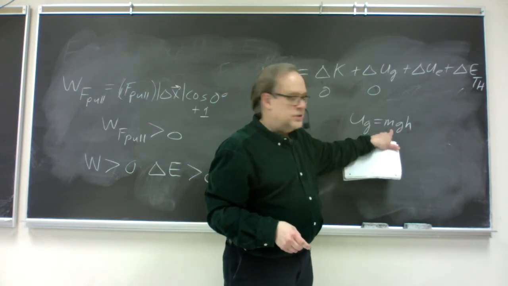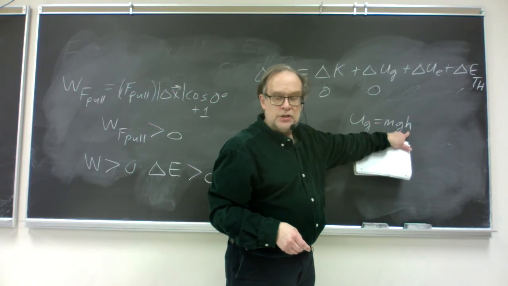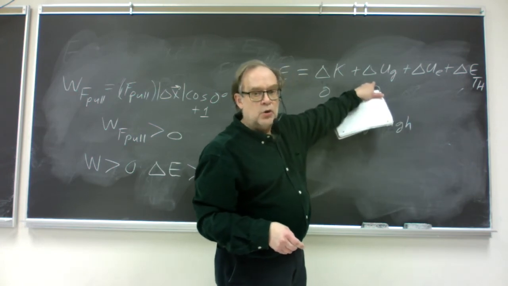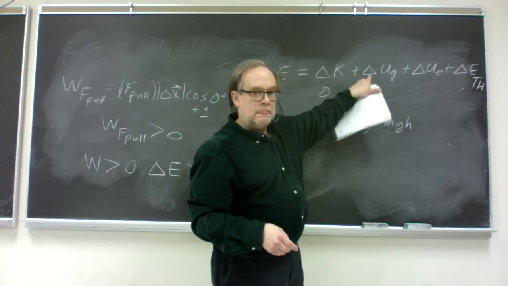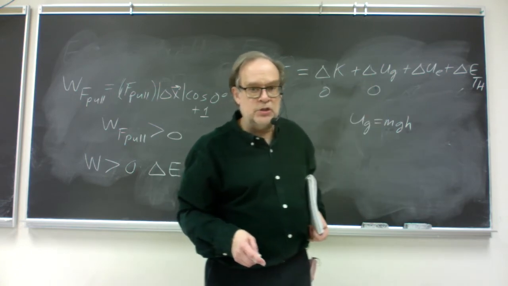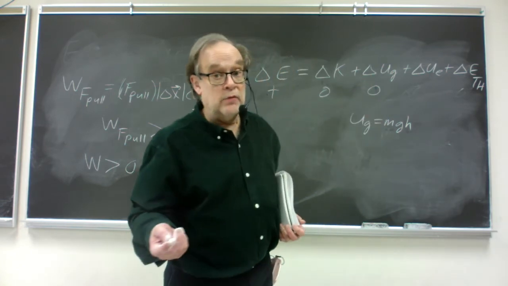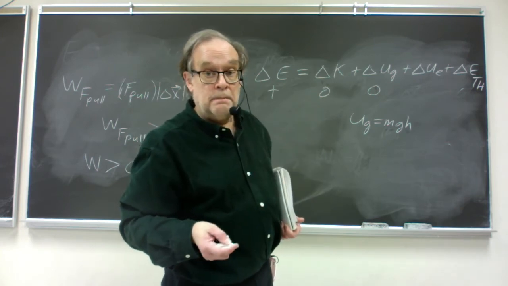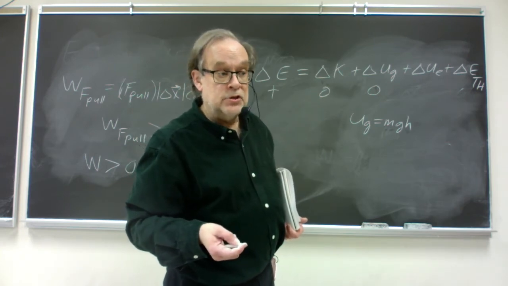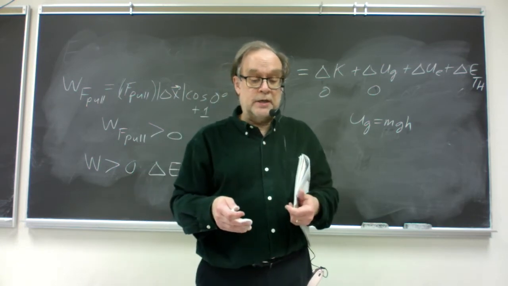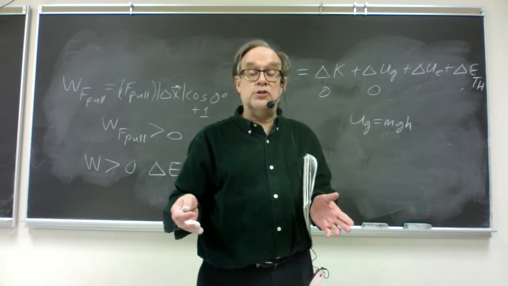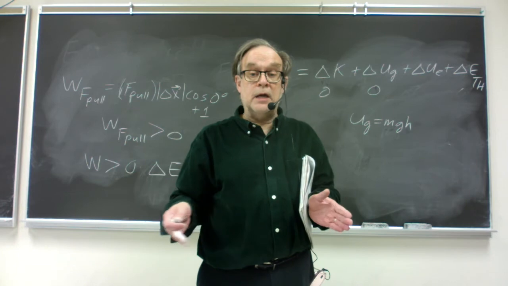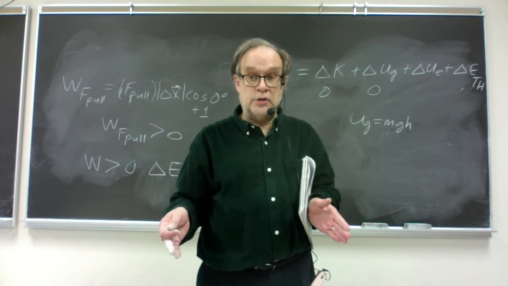Obviously, those factors did not change, and elevation did not change either, so there was no difference between the initial and final gravitational potential energies. However, there was a change between the initial and final elastic potential energies. The spring started out unstretched. The spring ended up with some stretch.